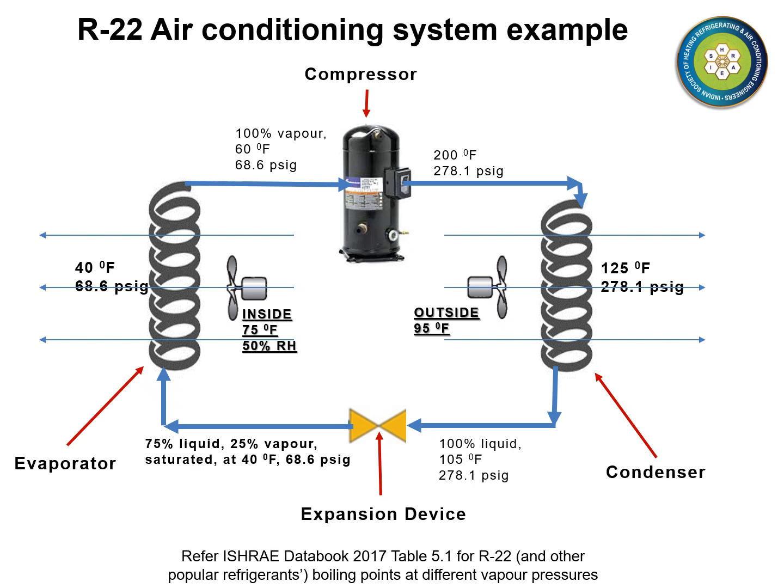Indeed, by the time it reaches the compressor inlet, it is 100% slightly superheated vapor at about 60 degrees Fahrenheit. By the time the R22 vapor leaves the compressor, its pressure has been raised to 278.1 psig and temperature to 200 degrees Fahrenheit.